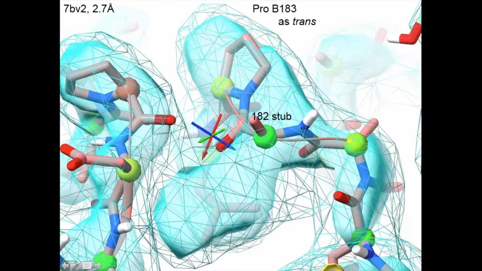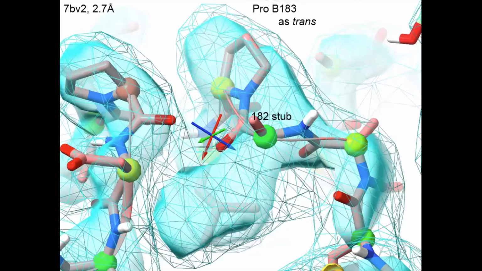They knew that they shouldn't have cis-non-prolines, and they used some sort of program that went overboard and wouldn't fit anything as cis. But prolines really can be cis, and you can see them at these resolutions.